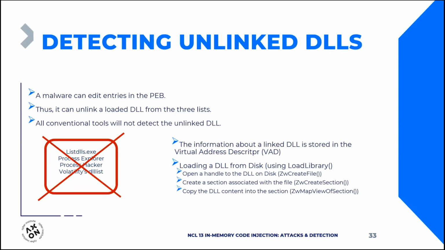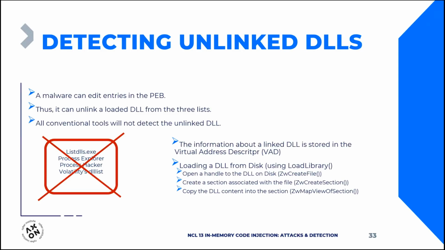So where do we check and how can we investigate unlinked DLLs? The way to do it is we have something called the virtual address descriptor, VAD. Okay, and the virtual address descriptor is a structure that is maintained by the kernel memory management. Okay, and it is not editable by any user space process, unlike the PEB.